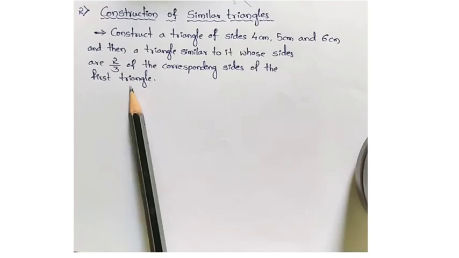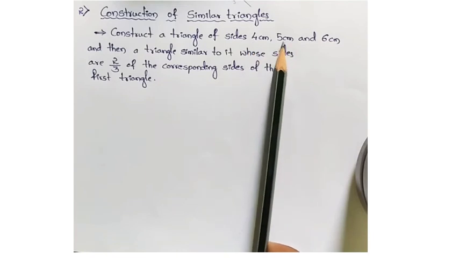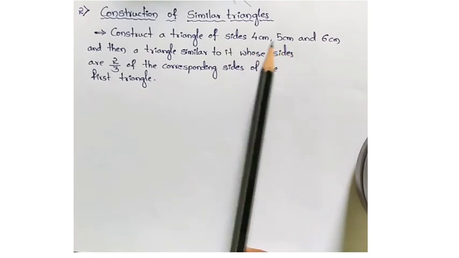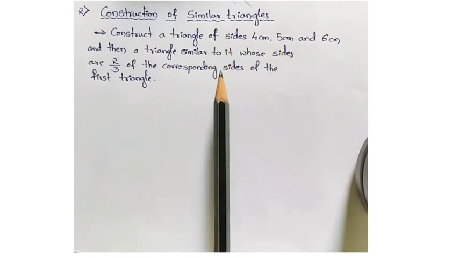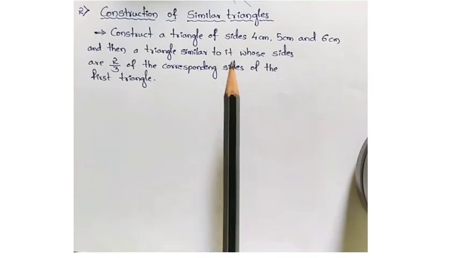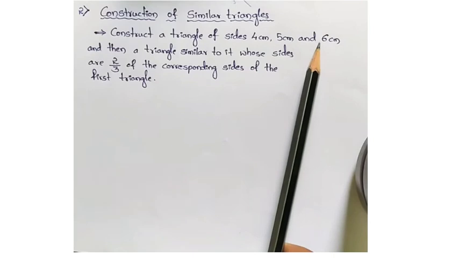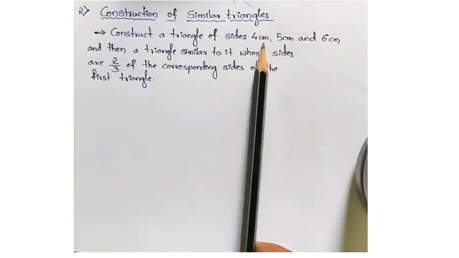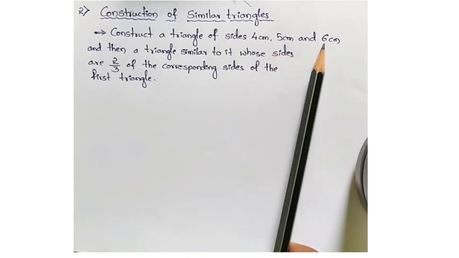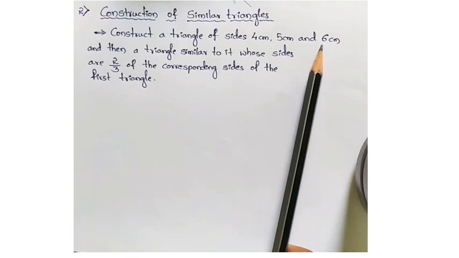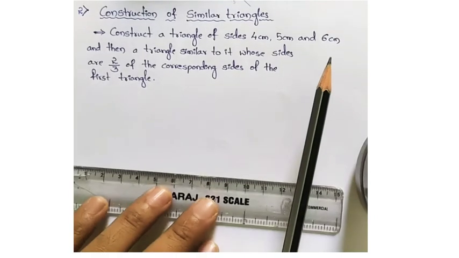First you have to draw the first triangle, that is 4 cm, 5 cm, 6 cm. For this you need the basic things how to draw the triangle. Okay, so start with the constructing the triangle. So here which one will be the bigger side? Let's take it as a base. So here 6 cm is the bigger side, so I will take it as our base.